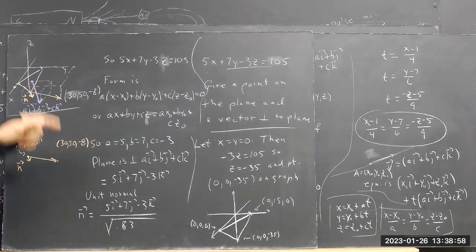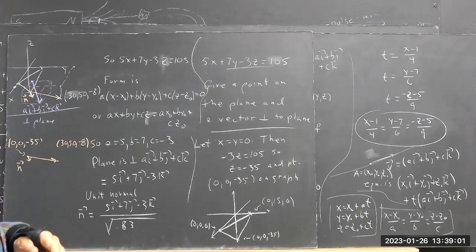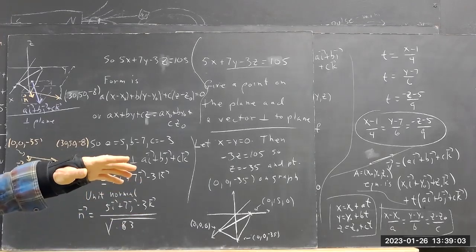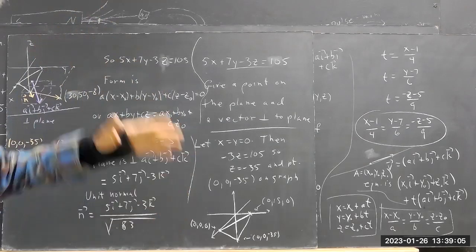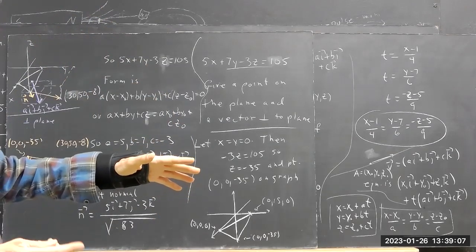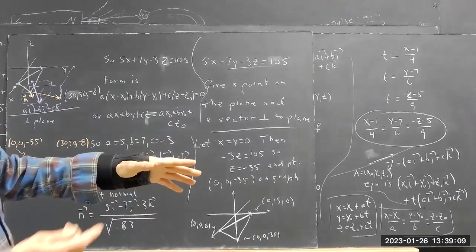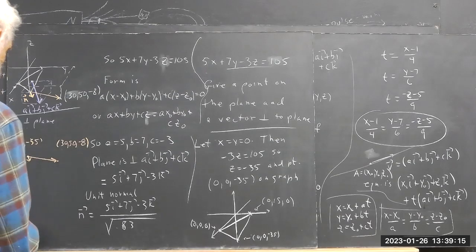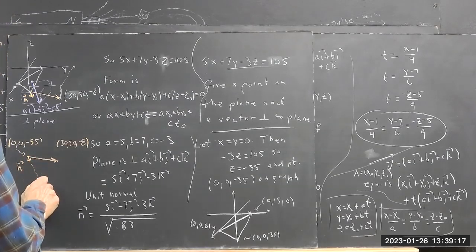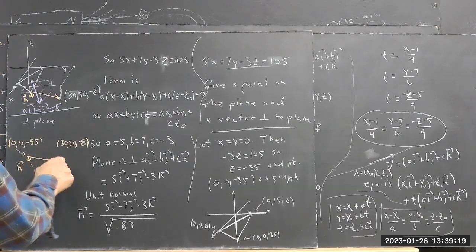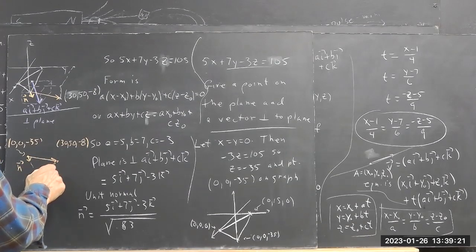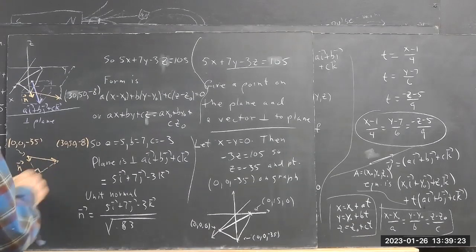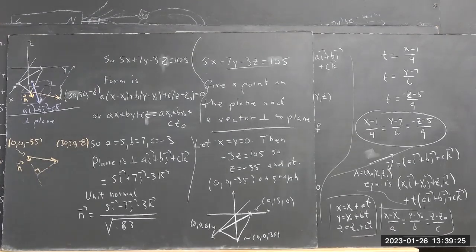The distance from the plane is measured perpendicular to the plane. If the plane's here, and I want the distance from this point to the plane, I mean the closest point, and that's going to be at a perpendicular. Well, that distance is just going to be the component of this vector in the direction of the normal. Right here is my distance.